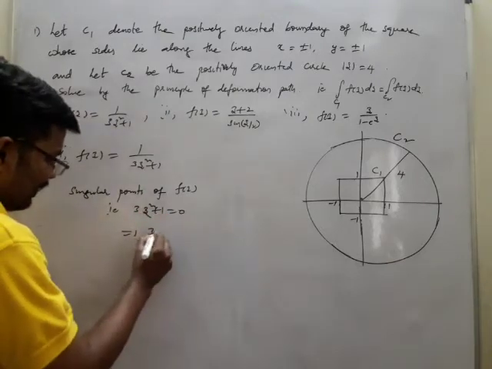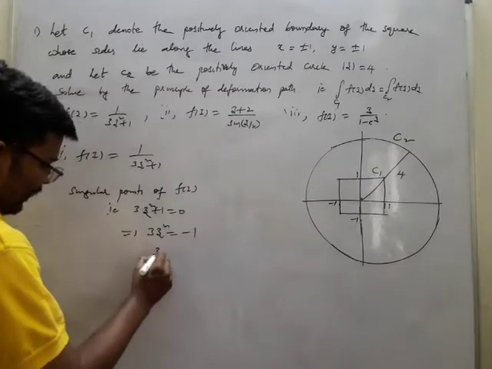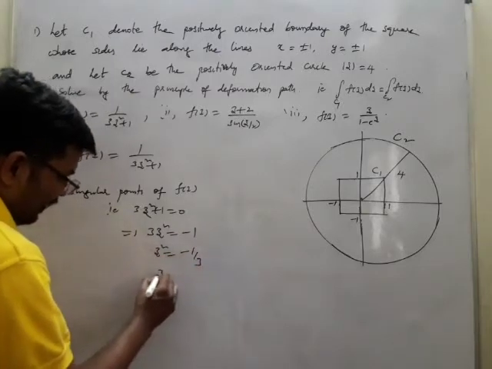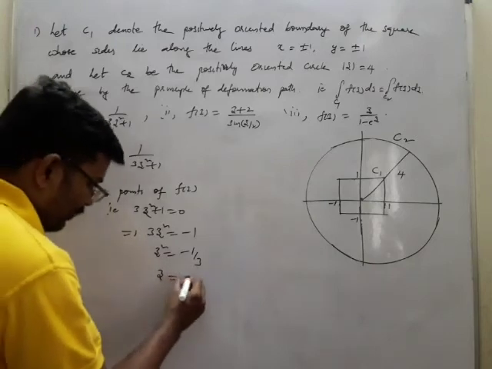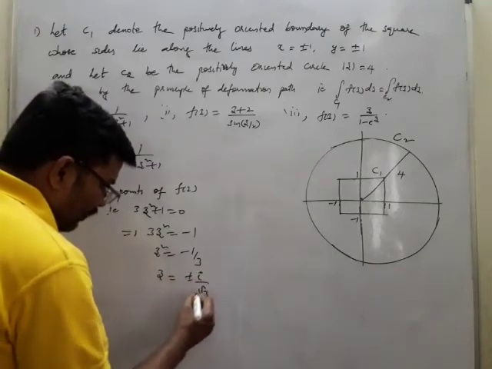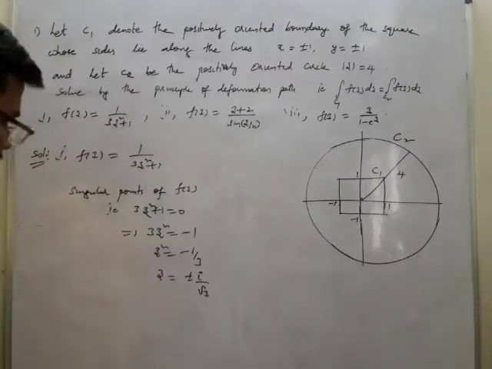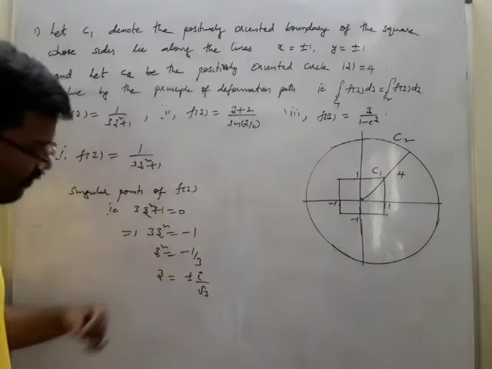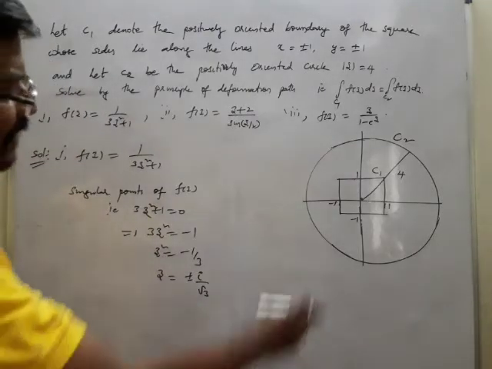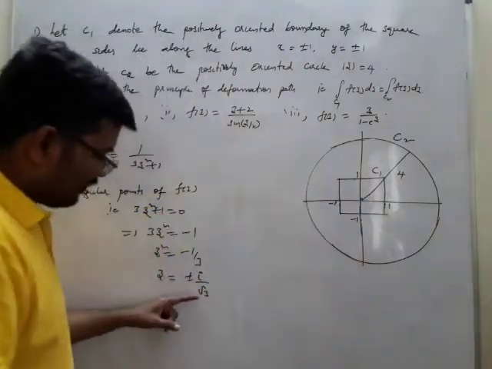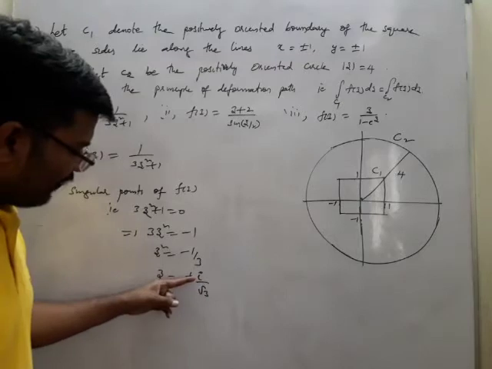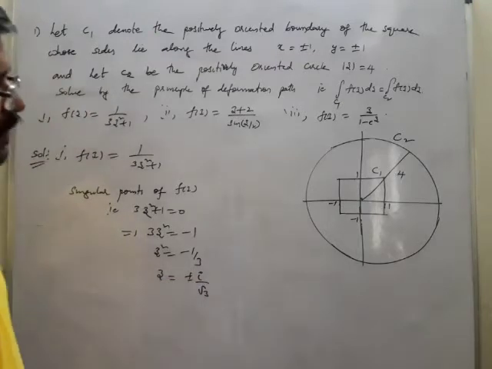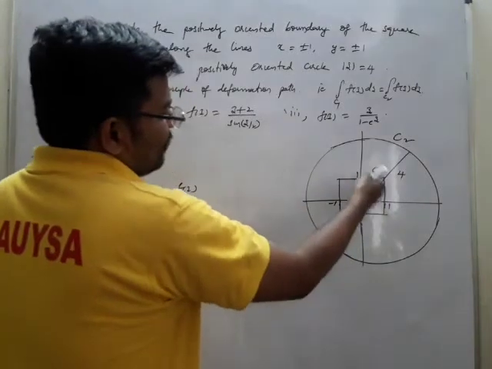That implies 3z square equal to minus 1, so z square equal to minus 1 by 3, so z is equal to plus or minus i by root 3. This is the value we got. The root 3 value is 1.732, so i by root 3 will be less than 4 in magnitude, so it will be inside.